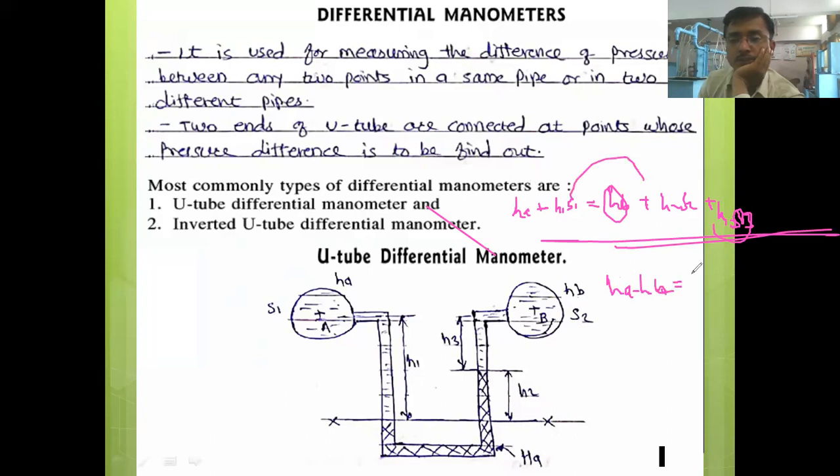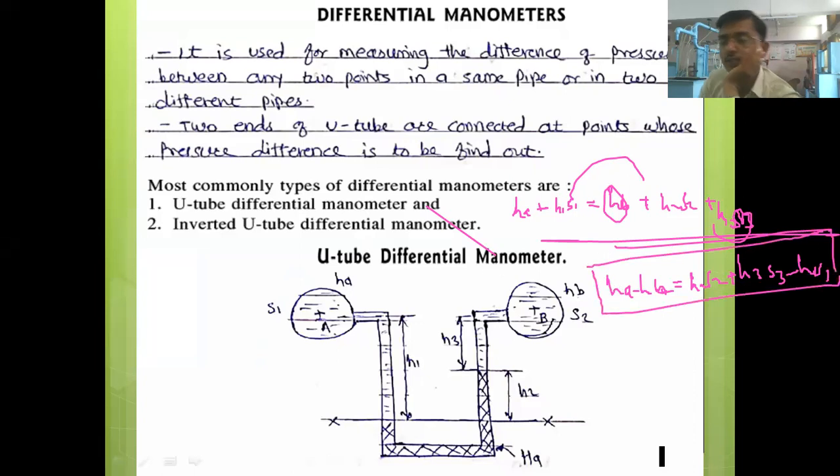HA minus HB equals H2 S2 plus H3 S3 minus H1 S1. So this is the required equation to find the difference in pressure intensity. Now to find the pressure intensity difference, the same formula, gamma W into HA, we have to use. Okay, has everyone drawn this diagram?